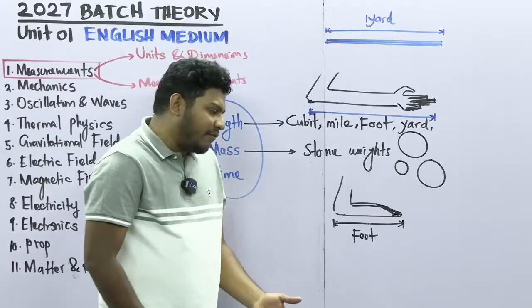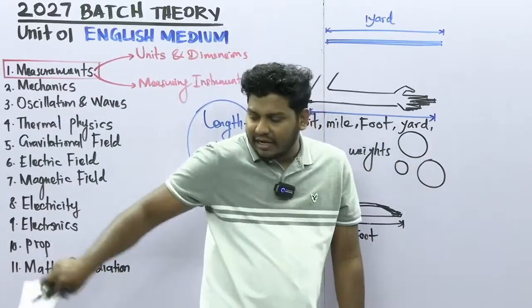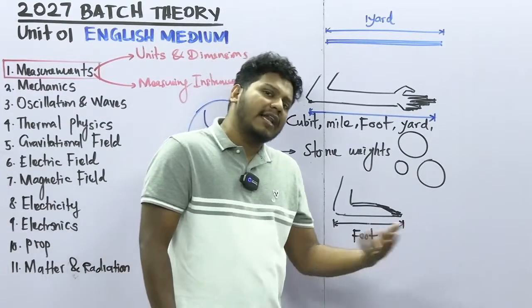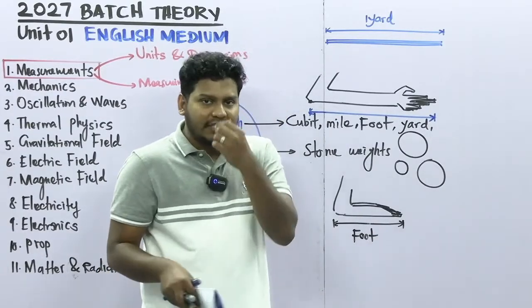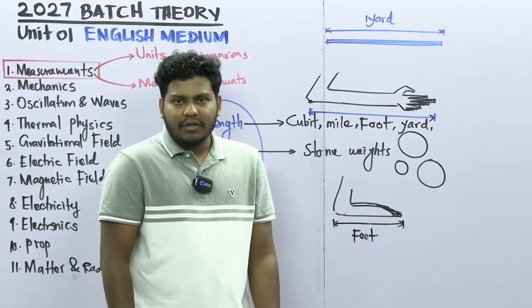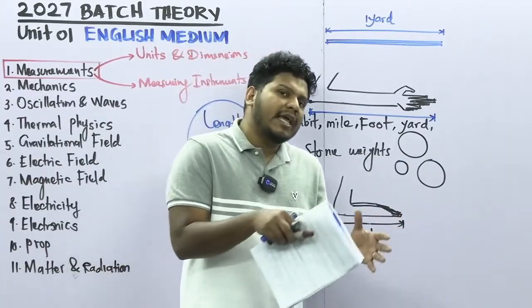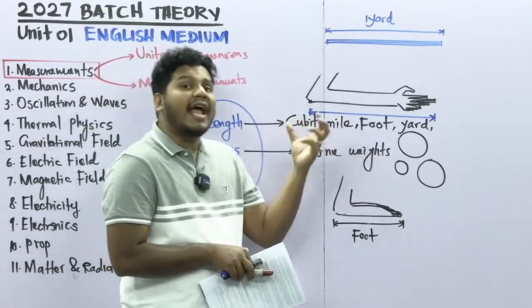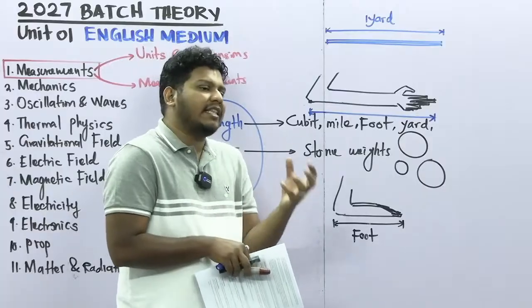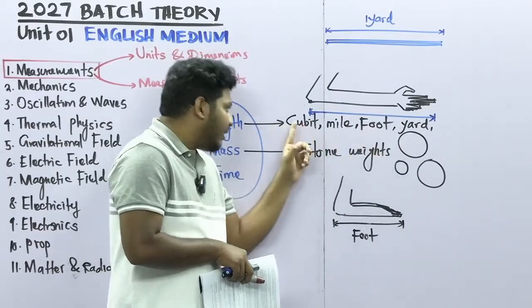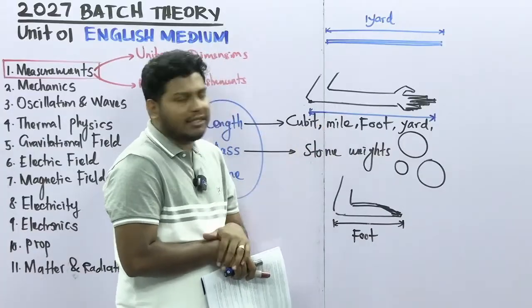So if it is 20 feet, someone with a smaller foot can take it as 25 feet. So these are not standards. We can't say that this is a constant value. It can be changed.